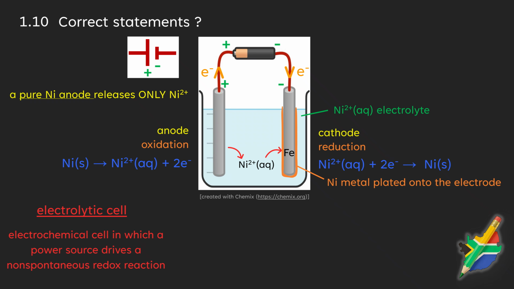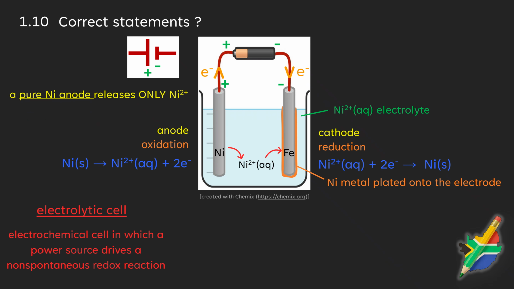So a pure nickel electrode is the best way to keep the process going. However, if the anode is a nickel alloy, it will release other metal ions into solution as well, and these will also be reduced at the cathode, resulting in both nickel metal and the other metal plating onto the iron rod together.